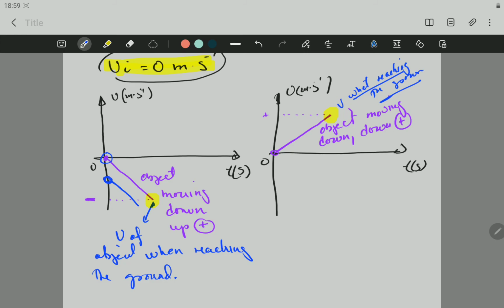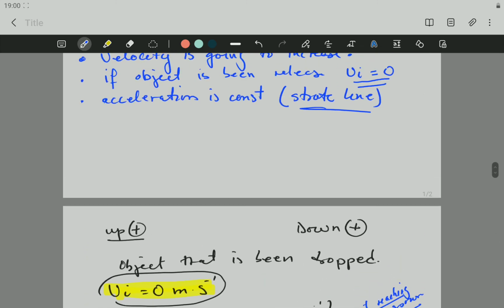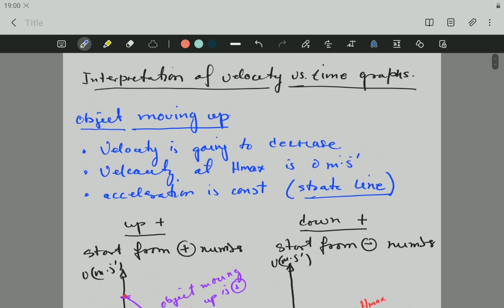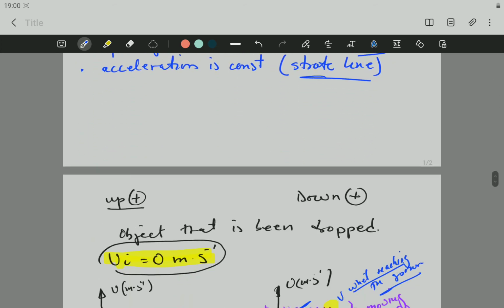If the object, instead of being dropped, is being thrown, then you're starting from a different number and you move all the way up. So this graph here represents two objects, one of them being dropped and one of them being thrown. Okay, so now we know the two scenarios when the object is moving up and when the object is moving down.